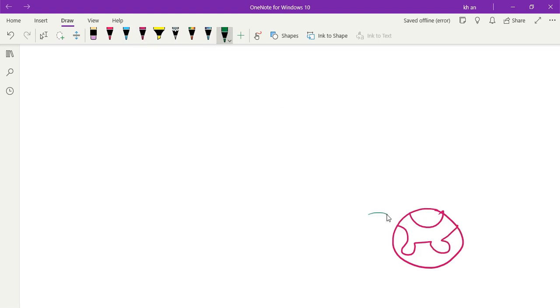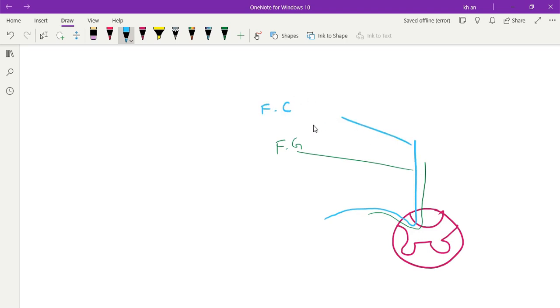So this would be fasciculus gracilis, and this would be fasciculus cuneatus. They will go upward in the dorsal column. Now when they go upward, they will reach the medulla, the lower part of the medulla.